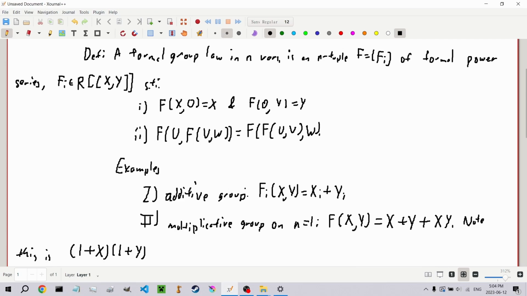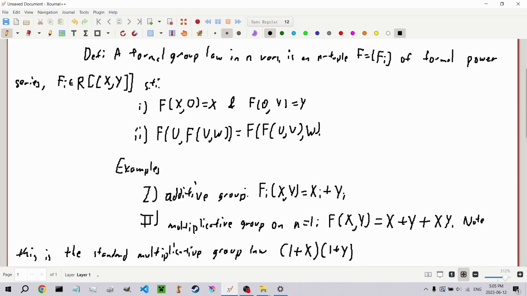This is the standard multiplicative group law. If you think about it, our elements of a group are going to look like 1 plus some element.